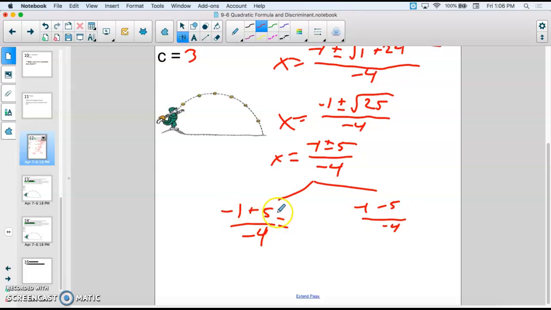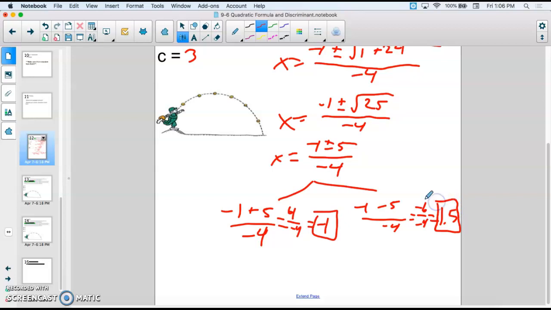This would be 4 divided by negative 4, which is negative 1. That's one of our answers. Over here we have negative 6 over negative 4, which is positive 1.5 if you get your calculator out.